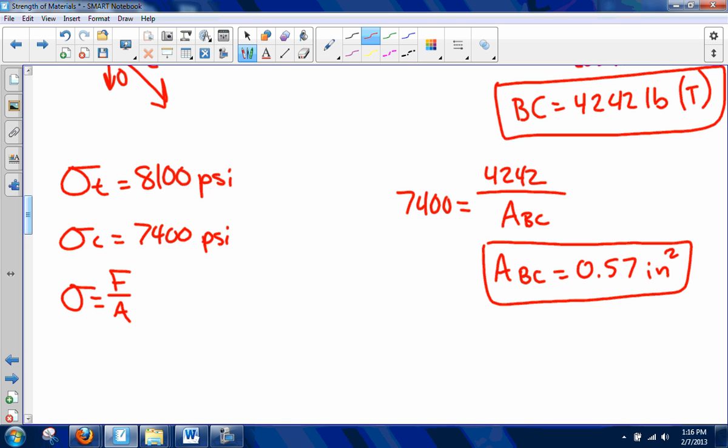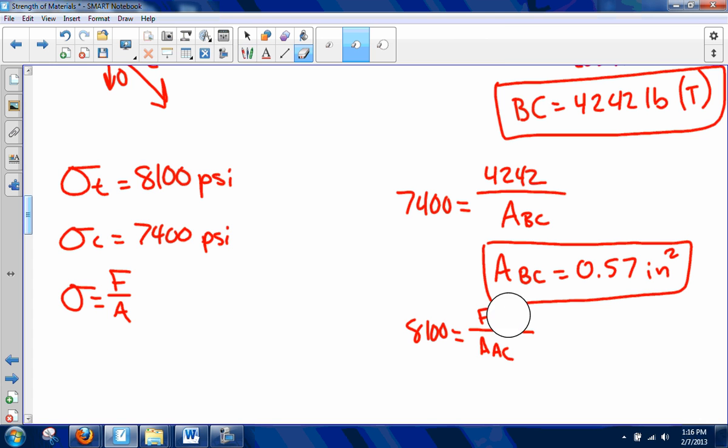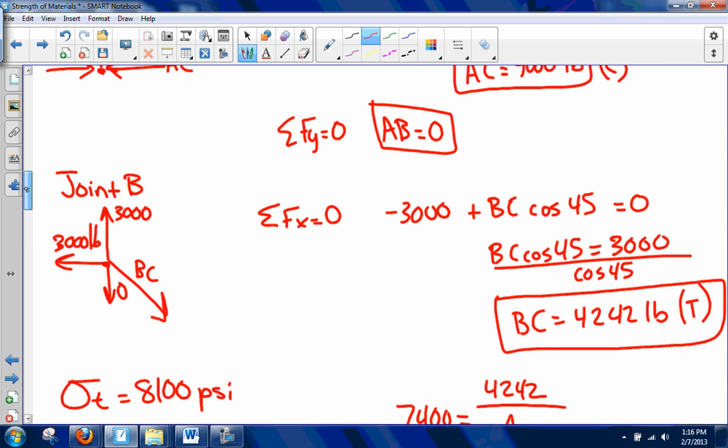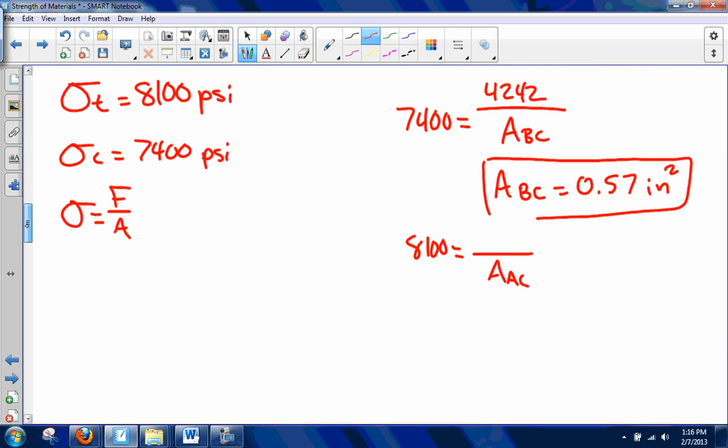The next one is going to be 8,100 PSI is equal to force AC divided by area of AC. And I already know what the force in AC is, so I'm going to actually rewrite that. The force in AC we calculated was 9,000.